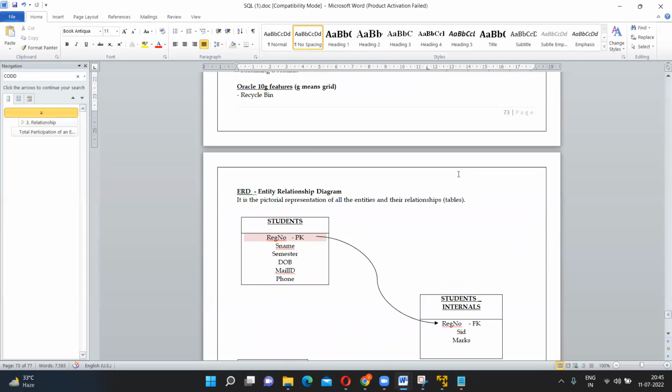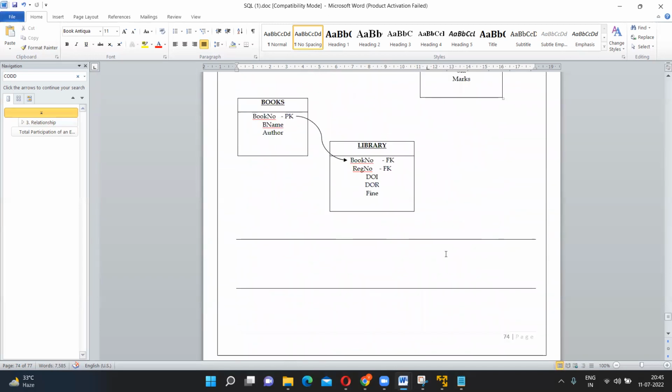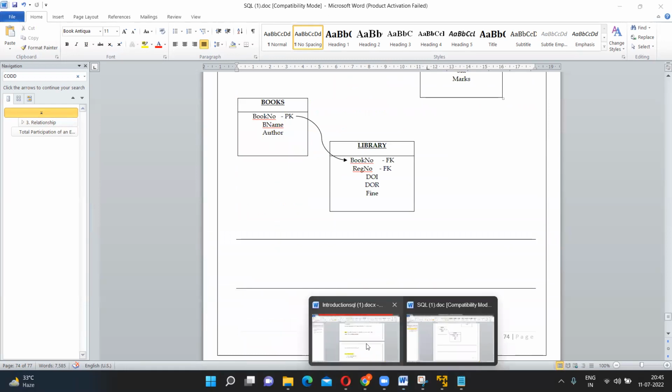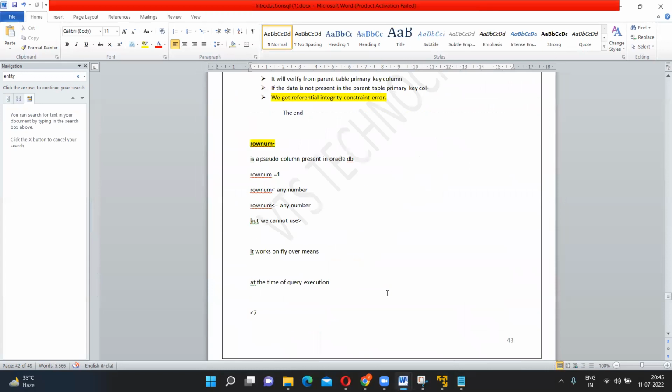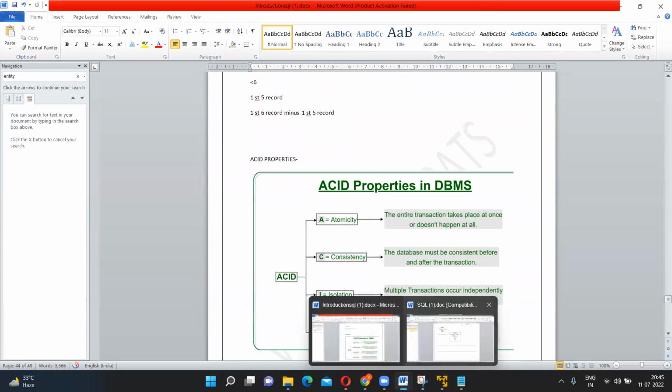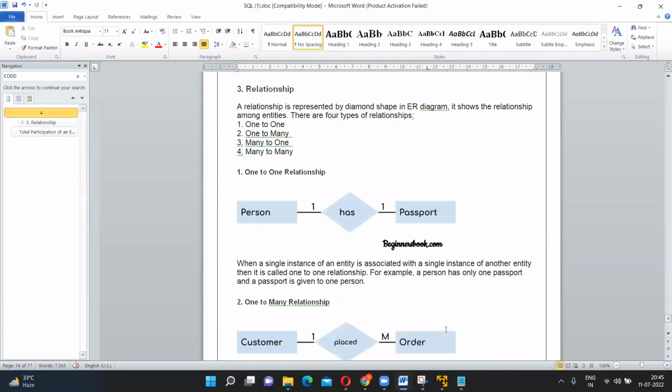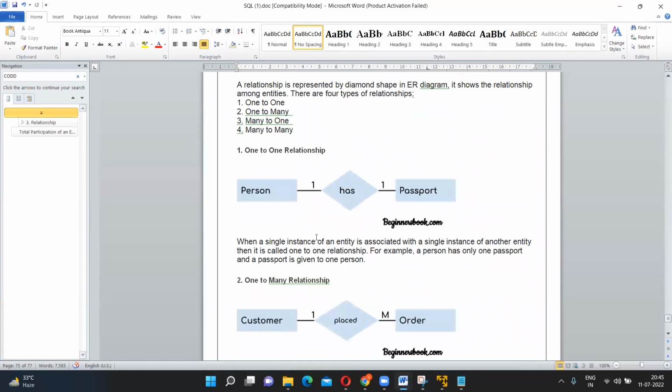Then I told you something called ERD, entity relationship diagram. I told you what the types of entity relationship diagram are. Can someone tell me? What are the types of ERD, guys? One-to-one, one-to-many, many-to-one, and many-to-many. One-to-one relationship means what, guys? A person has one passport.